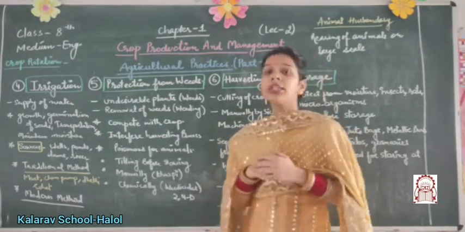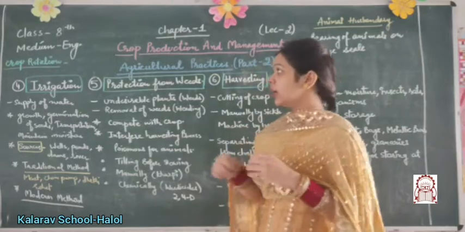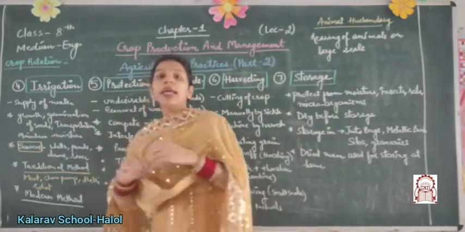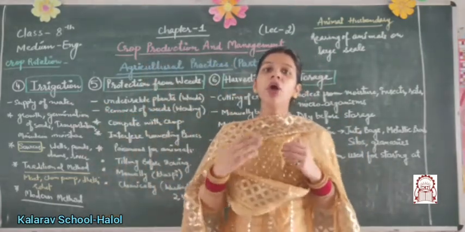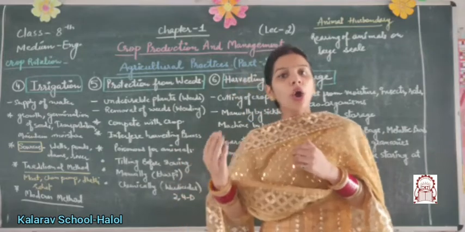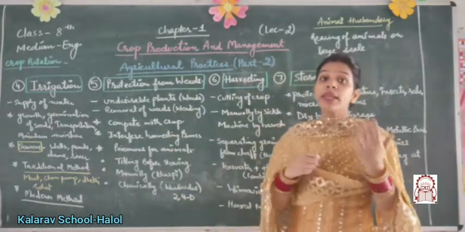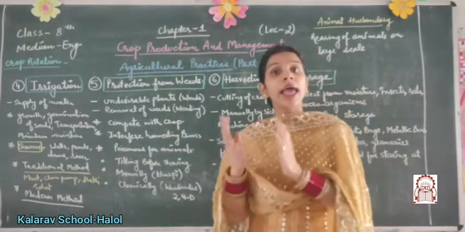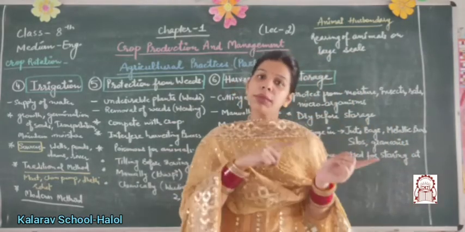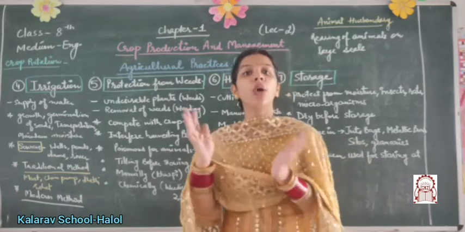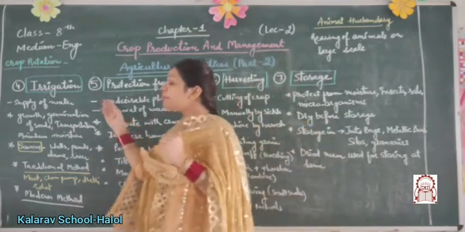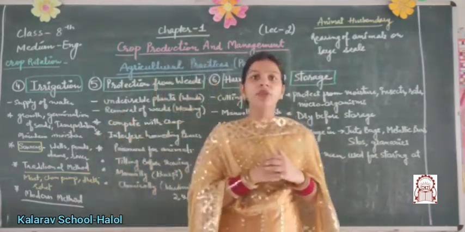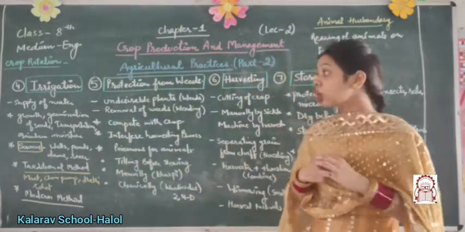So the fourth agricultural practice is irrigation. Irrigation is supply of water to the crop, as water is very essential for each one of us. So water helps us to grow. Similarly, it helps the crop to grow. So there are many advantages of water to the soil, to the crop.